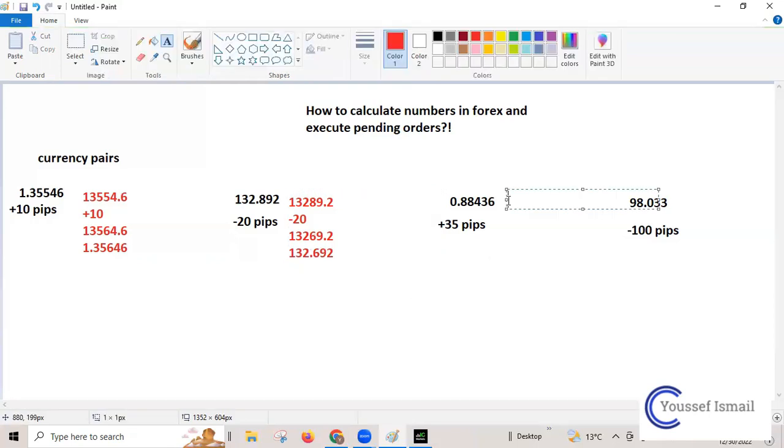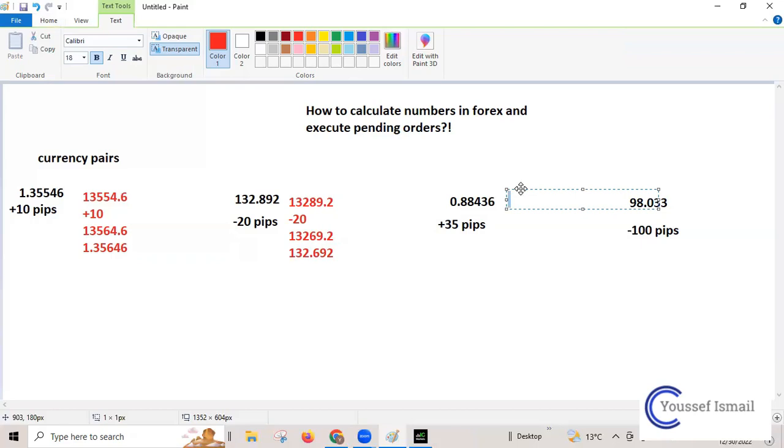Let us do the third example. 0.8843, and we need to add 35 pips to this number. Okay, so we need to change it to the same form that we talked about before by moving the decimal point, and it will be like so, 0.8843.6.